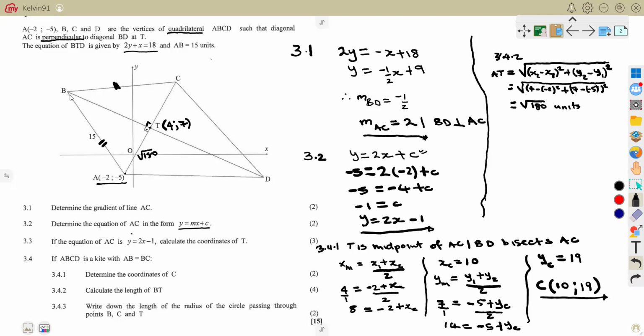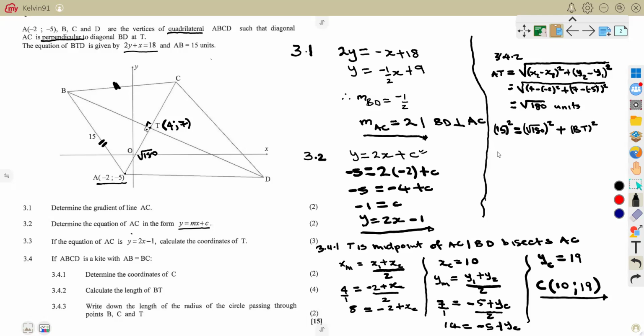But since we now have this one, which is root 180, the question wants us to get BT. So we are going to apply the Pythagoras theorem, since in triangle ATB we have a right angle. Applying Pythagoras, the hypotenuse squared, which is 15 squared, must be equal to the other side squared, root 180 squared, plus that other side, which is BT squared.